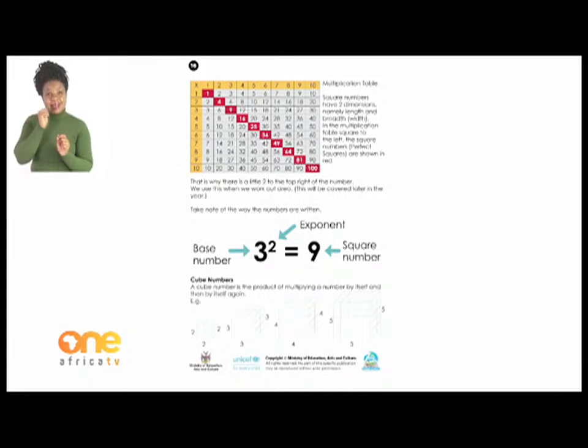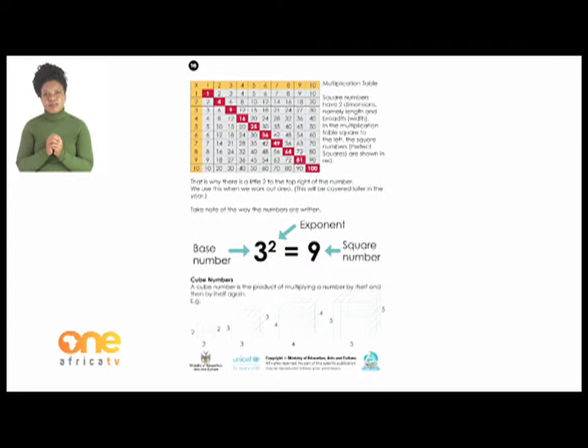Reading on top on the right side, is a multiplication table whereby we have square numbers. Square numbers have 2 dimensions, namely length and breadth, which is also the width. In the multiplication table square, to the left, the square numbers, or we can say the perfect squares, are shown in red.